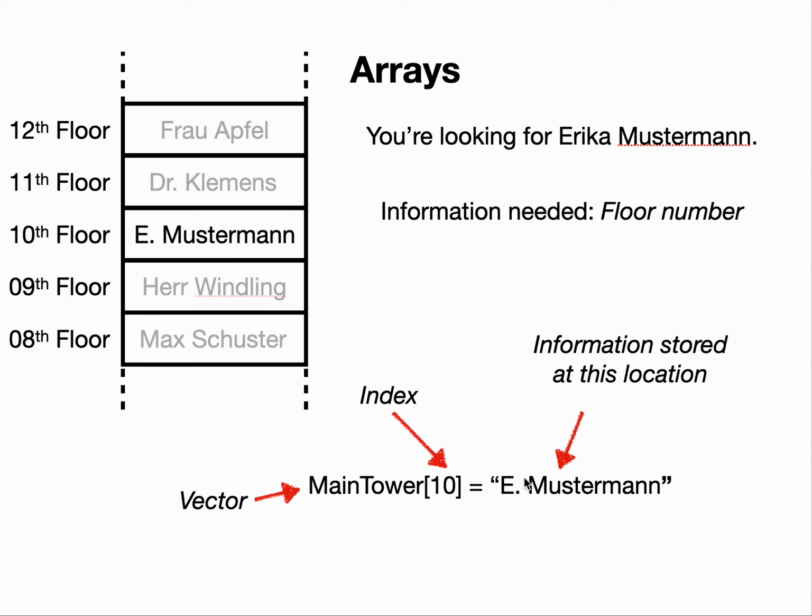Here it is a string for the sake of our exercise, but it could be a double, a floating point number, an integer, a logical value, or anything. This is the information which is stored at the entry number 10. The index is used to access this entry of the array mine tower.